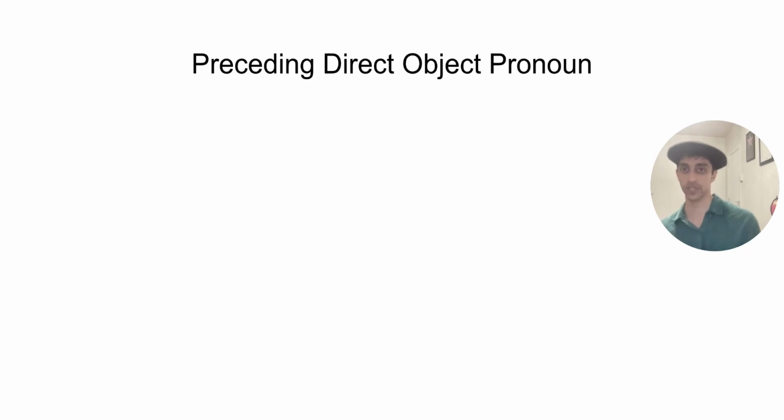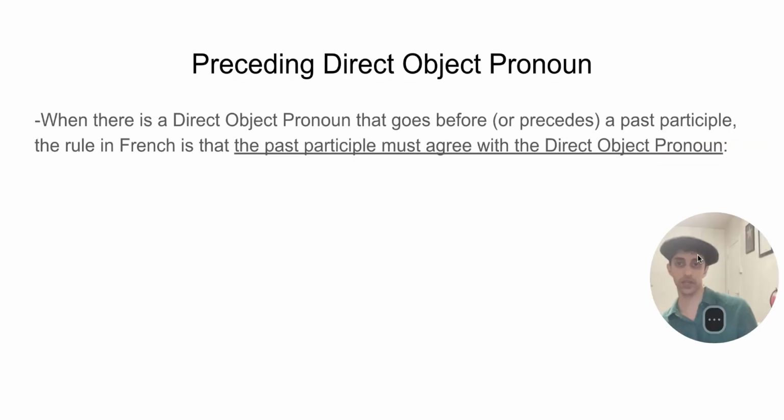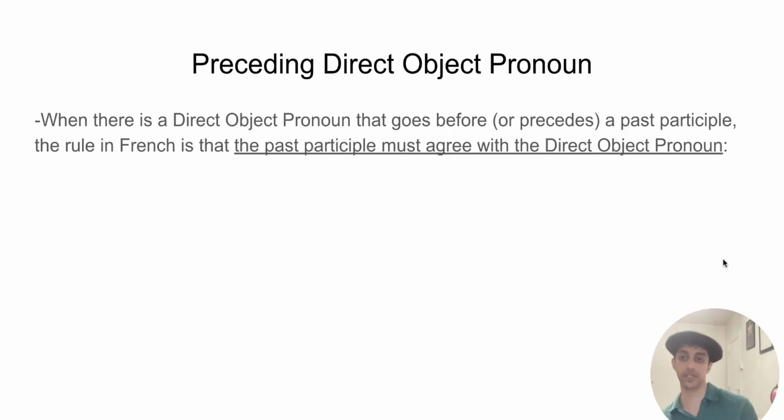So the first one of those is the preceding direct object pronoun rule. This refers to when there is a direct object pronoun, only a direct object pronoun specifically. So that would be either le, la, l', or les, and one of those goes before, or precedes, a past participle.